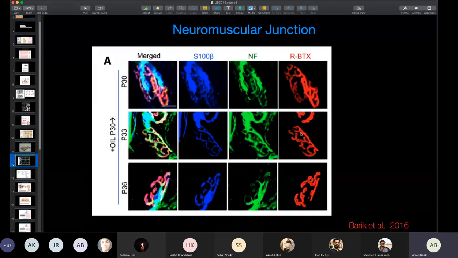The red is bungarotoxin, a toxin that binds to the receptor, the green is the nerve, and blue is the Schwann glial cells we talked about before. So even in a simple structure like this, you can see all three components: the muscle side of the synapse, the nerve side, and the glial side, together.